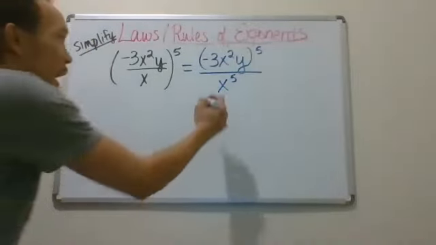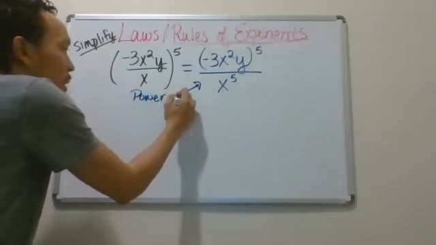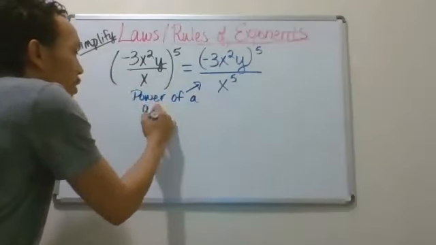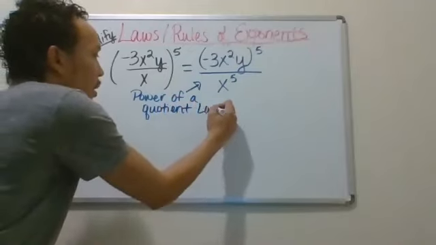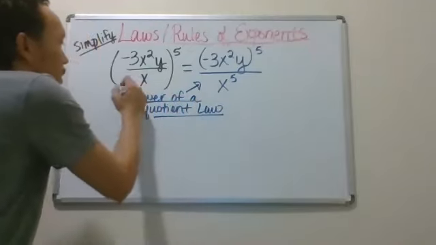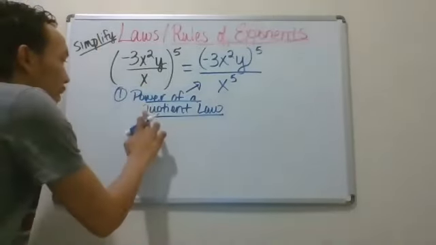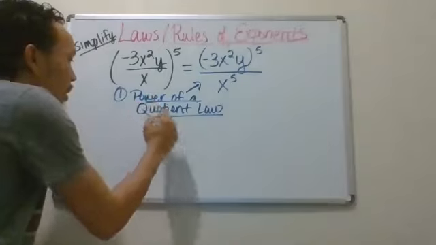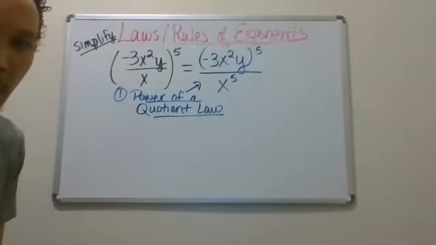Any questions about how I got from here to here? And this is power of a quotient law. This is the first law we use, power of a quotient, with a capital Q. Any questions?